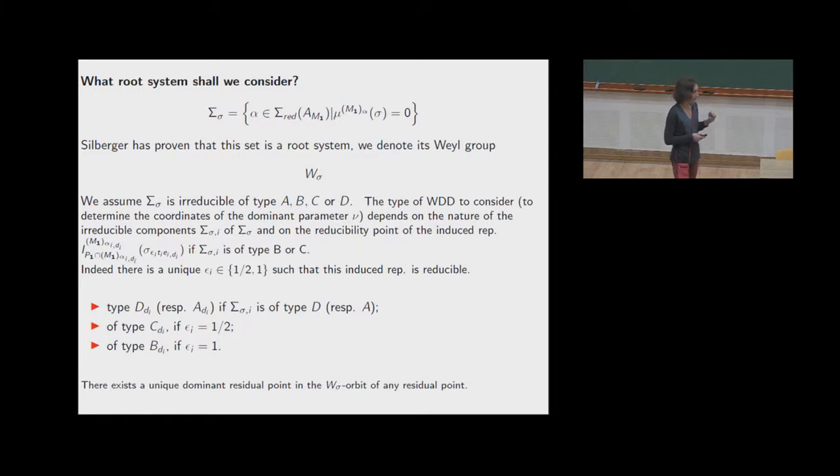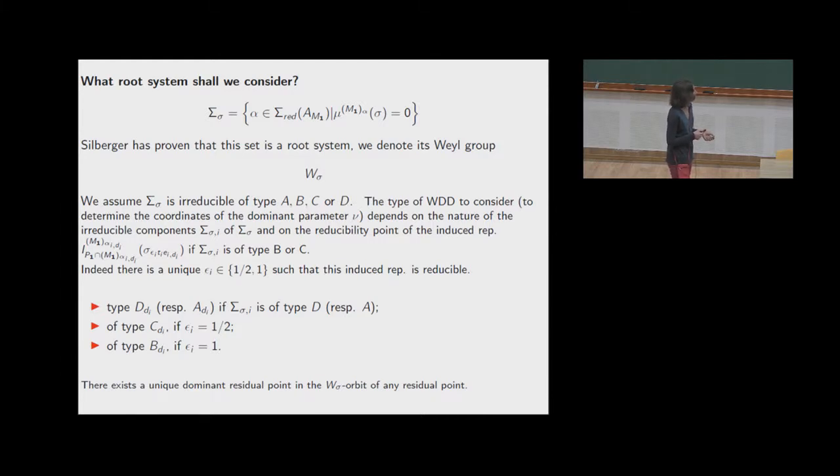Then to get a description of the residual point lambda, I will actually need to take into account some reducibility results of this kind of induced representation. I won't get into the detail here, but basically to know what kind of weighted diagram you need to use to describe the parameter lambda, you need to know what the components of this sigma are in case it is not irreducible, and some reducibility points for such an induced representation.